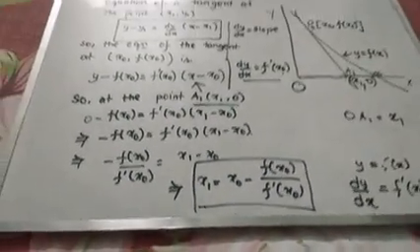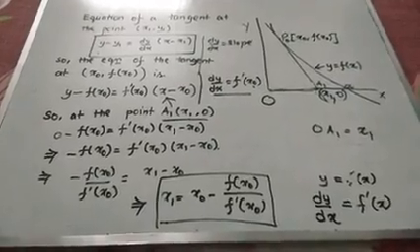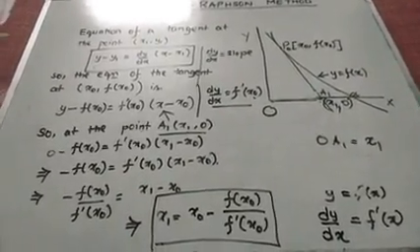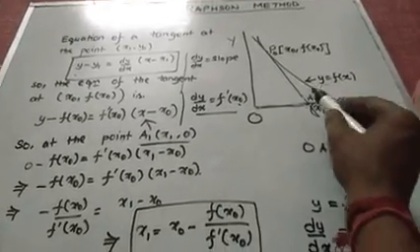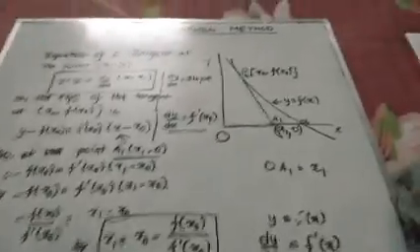Got it? x1 equals x0 minus f of x0 by f dash of x0. Okay, this is for the tangent which we have drawn at the point p0, x0 comma f of x0.